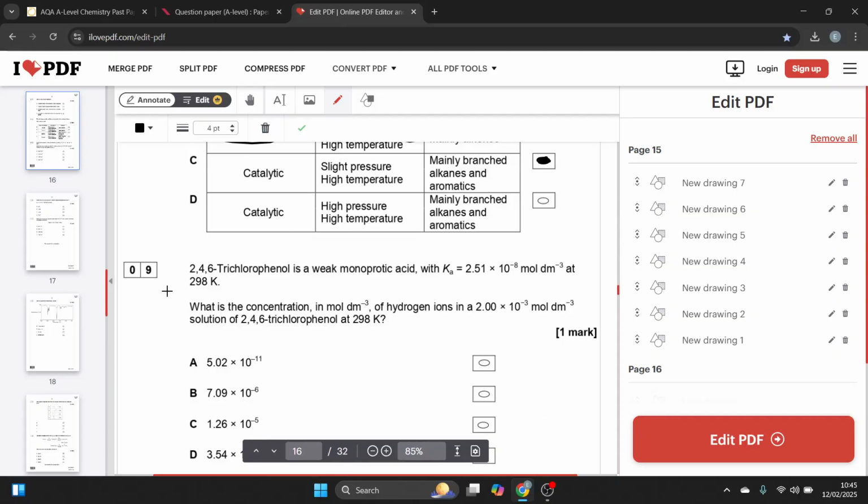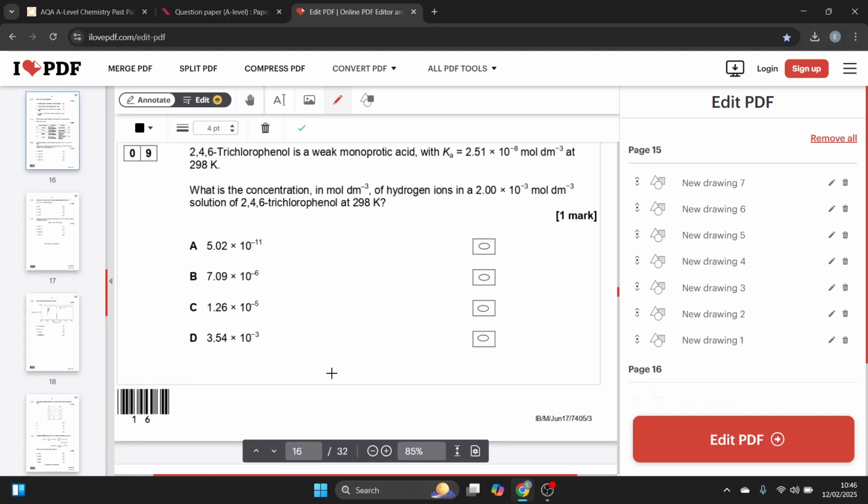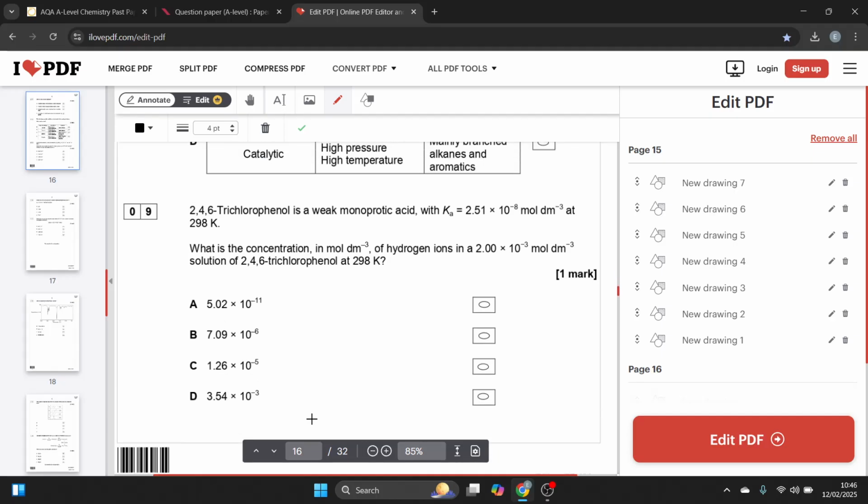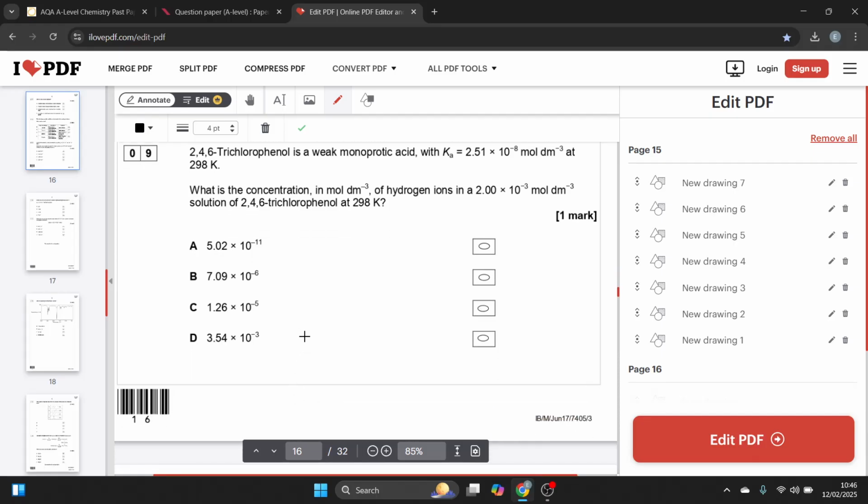Alhamdulillah. Question 9. What is the concentration in mol dm^-3 of hydrogen ions in a sample at 290 Kelvin? And I'm given Ka. So what I would do is write Ka equals [H+] squared divided by [HA], because I know it's a weak monoprotic acid.